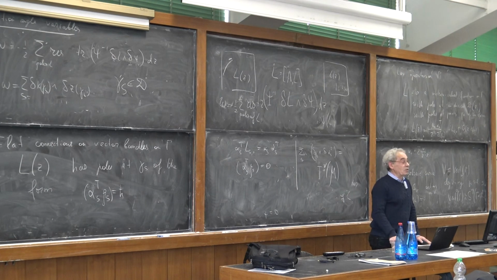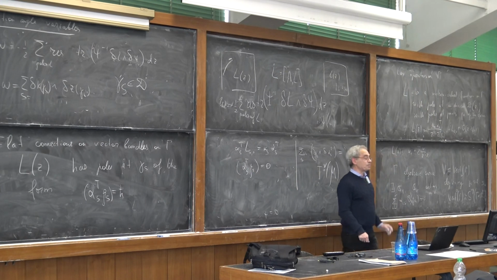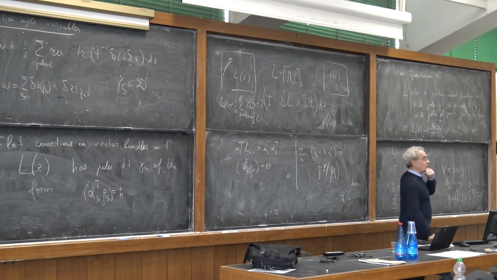So the details can be found in two of my papers. One is Lax zero curvature equation on algebraic curves, and the other is isomonodromy equation. There are two papers where this connection with the Hitchin system and also the limit of h equals 0 is considered.